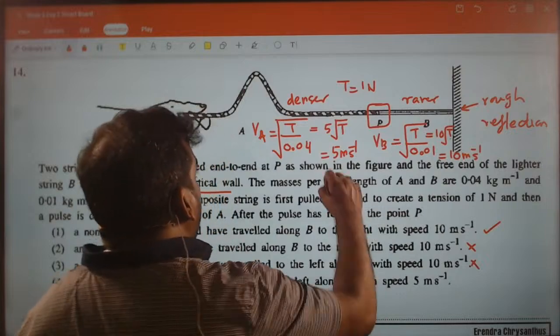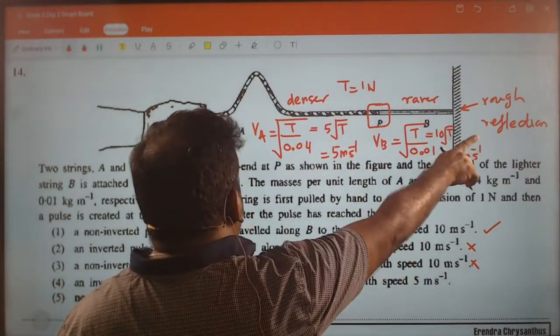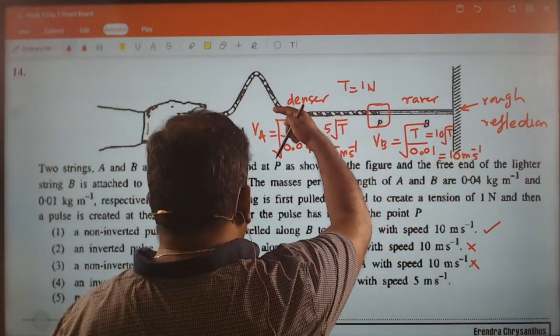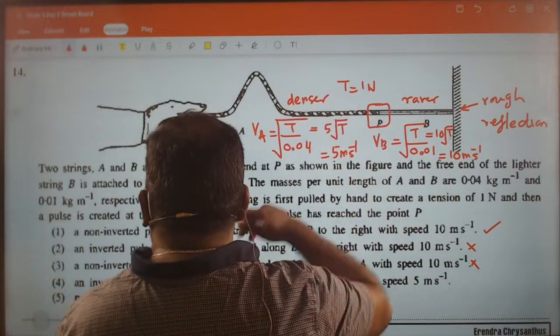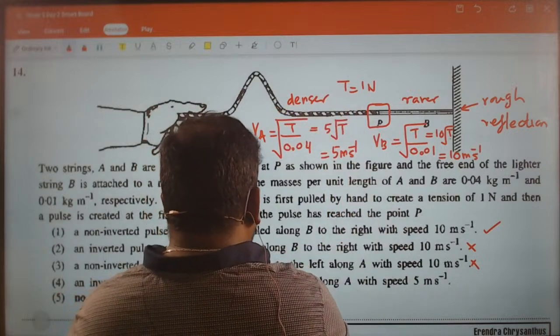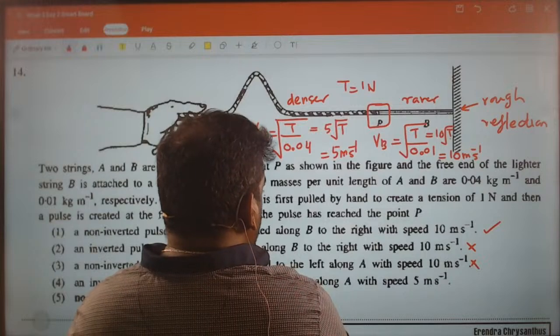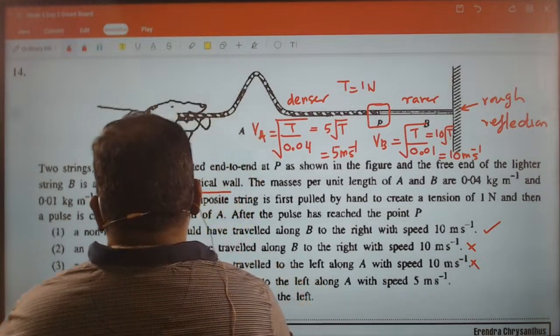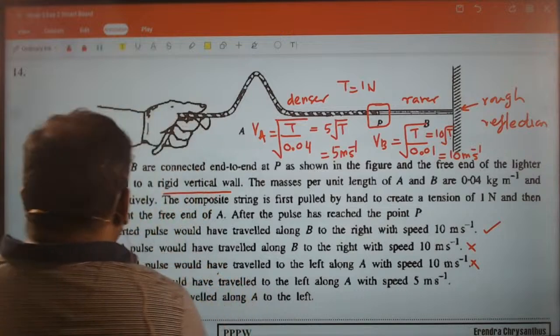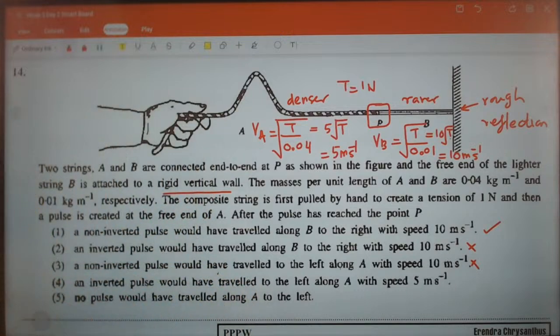Clear? And the option saying it will not be inverted, or that no pulse will travel, is wrong.